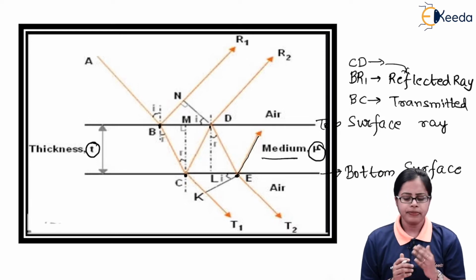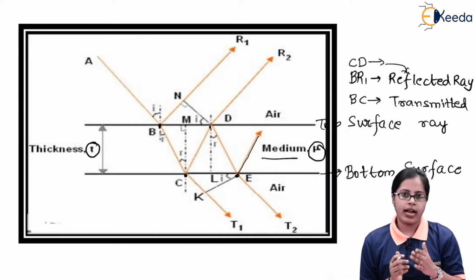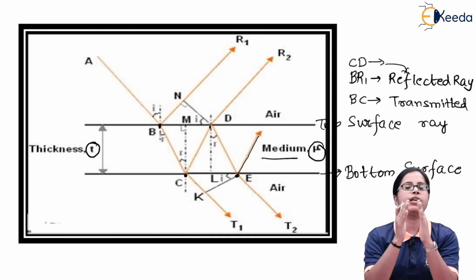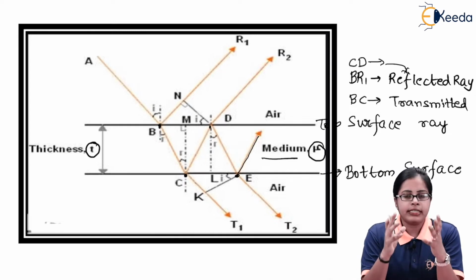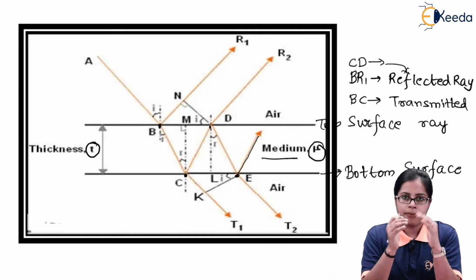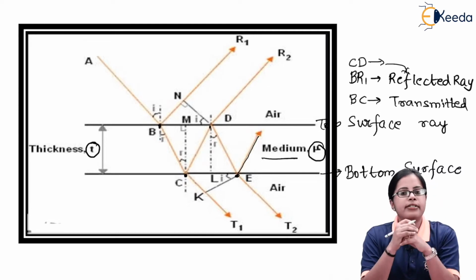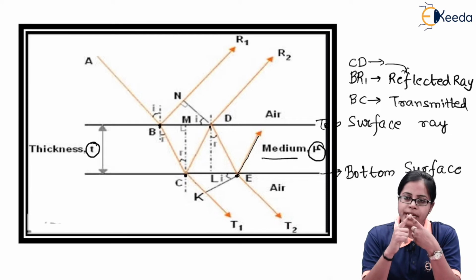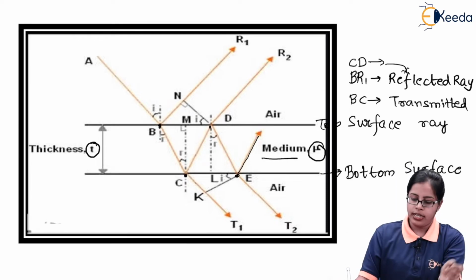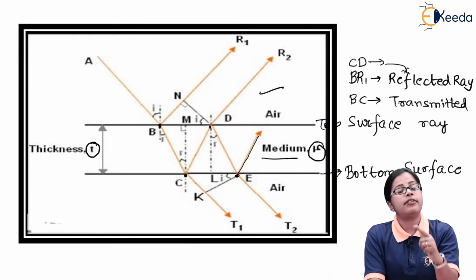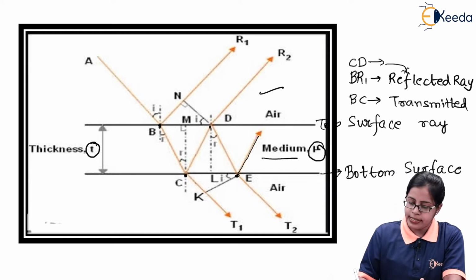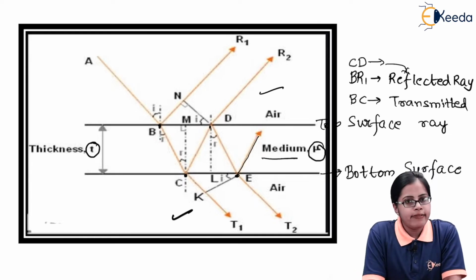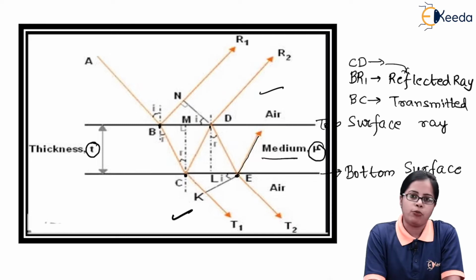So BR1 and DR2 are the two rays considered in the reflected system, and in the transmitted system we consider two rays, CT1 and ET2.